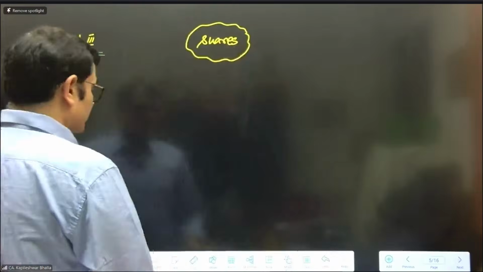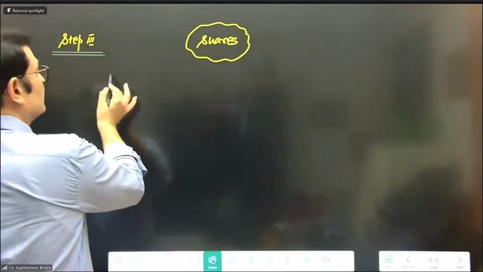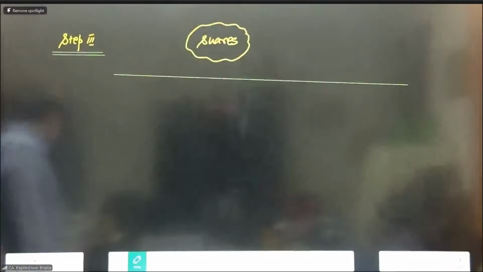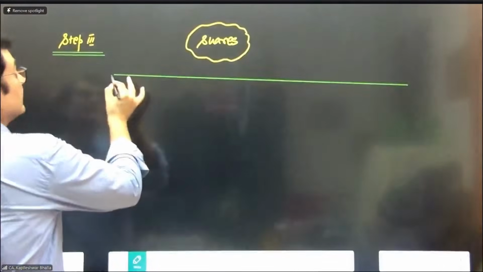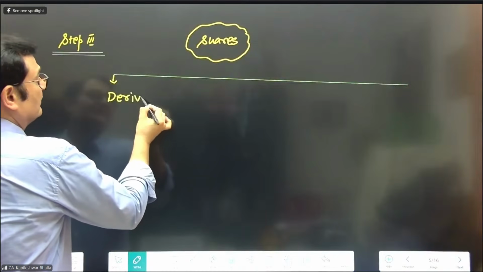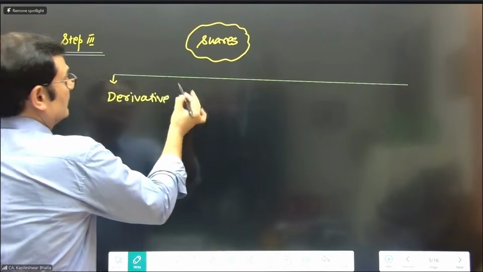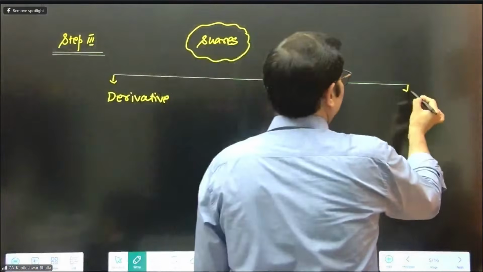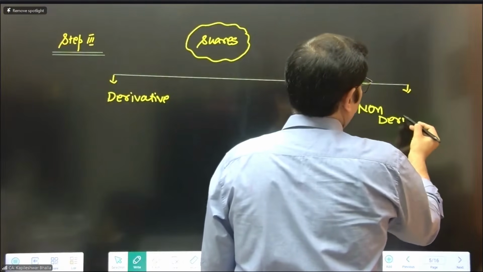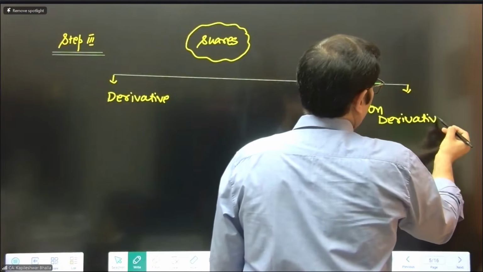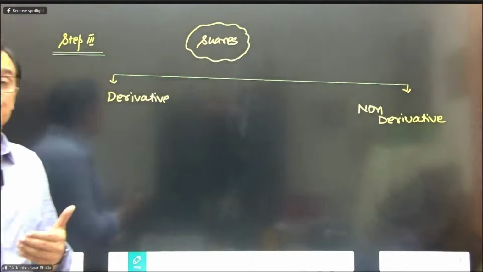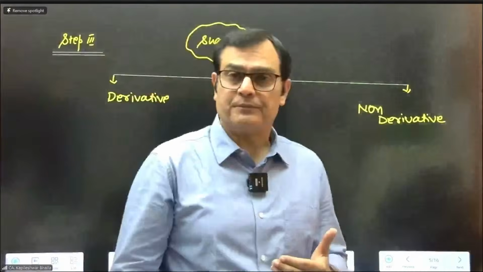So in this case, your first thought should be to segregate and identify: is it supposed to be a derivative or a non-derivative? We need to decide whether it is derivative in nature or non-derivative in nature. Now we need to recall when it is supposed to be derivative in nature.